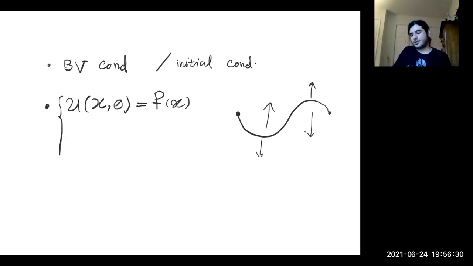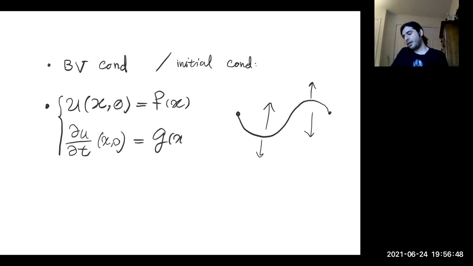We don't know that. So we also need the derivative of u with respect to t. We want to see how it moves, so we need its velocity with respect to t at time 0. Suppose these two things are given as the initial data.